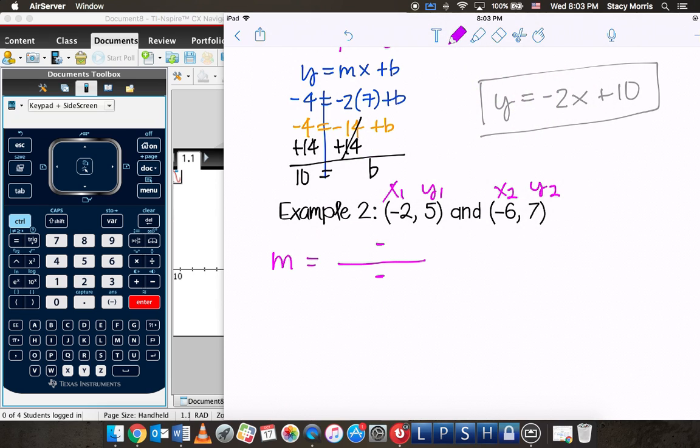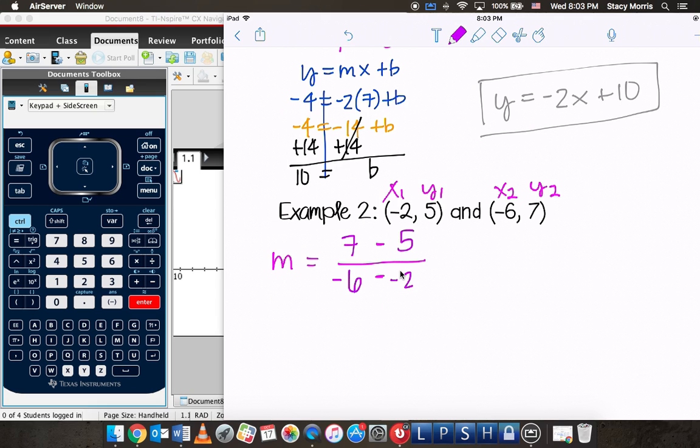All right, and now I'm plugging in my numbers. So my y2 goes first, so y2 is 7, minus y1 is 5, divided by x2 is -6, minus x1 is -2.